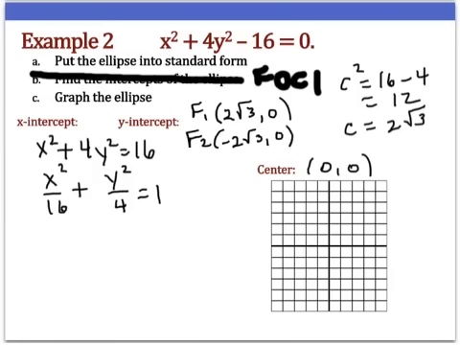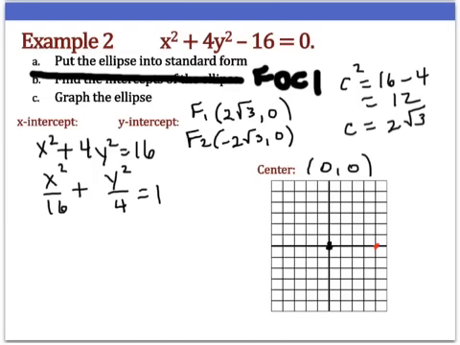So let's graph this. We're going to start with graphing the center. Now the center itself is not on the ellipse, but it is a great point of reference because we have to start somewhere. Let's begin with underneath our x. Underneath our x is 16, so we're going to count the square root of that over. The square root of 16 is 4.